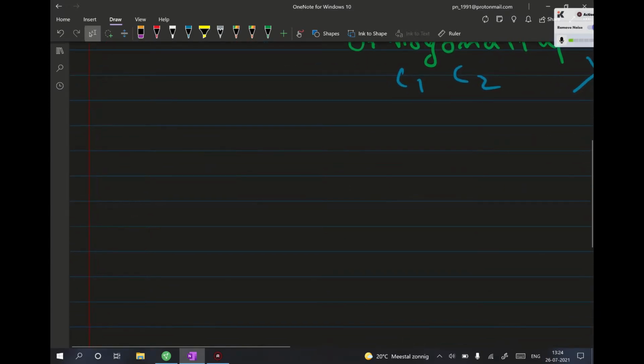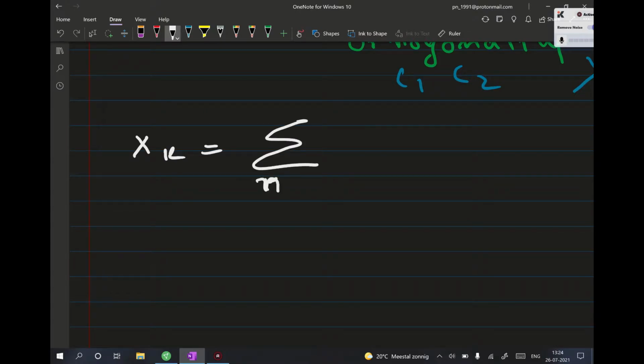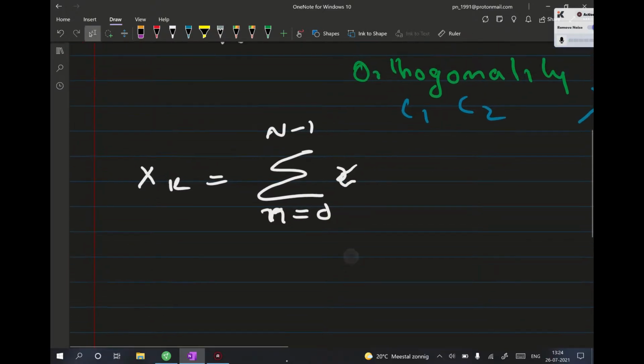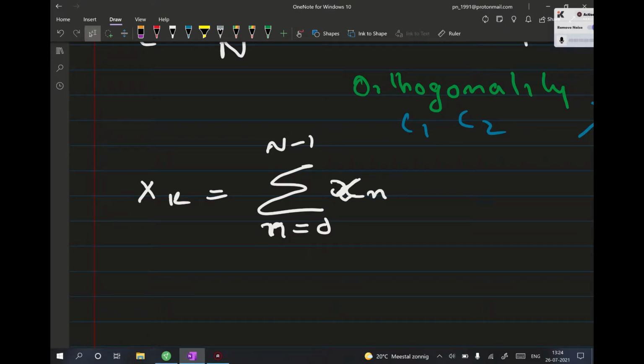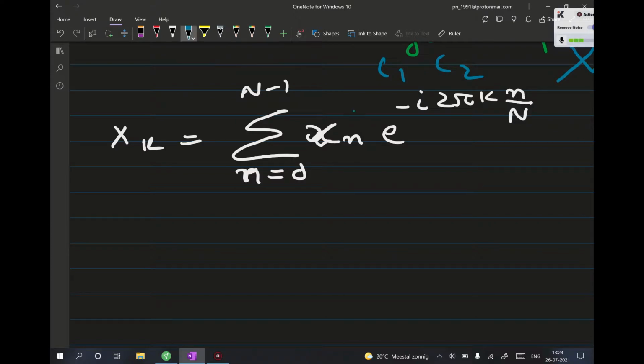So if I write the equation of Fourier transformation, this is our input data, and this is the transformed data.